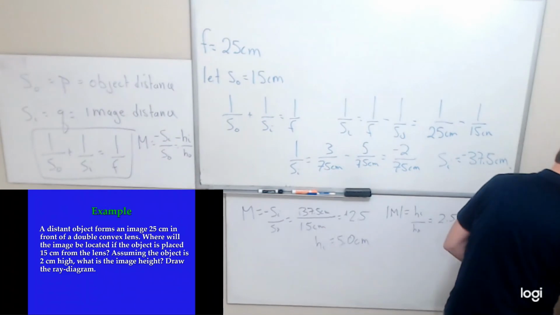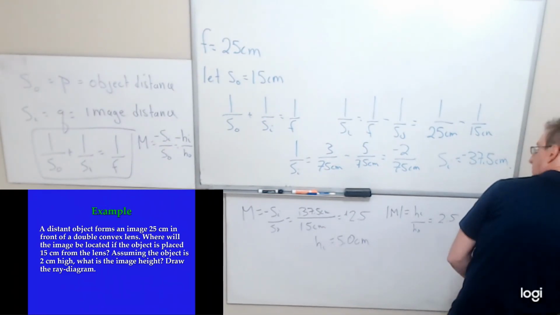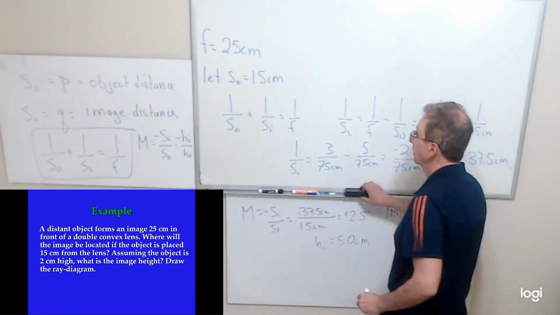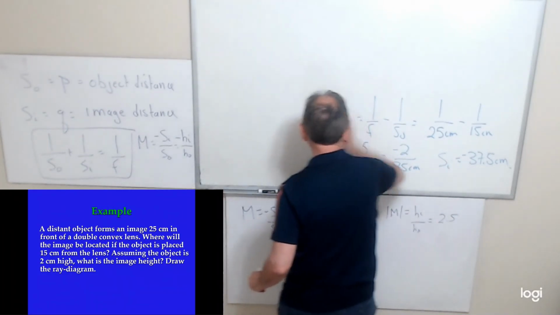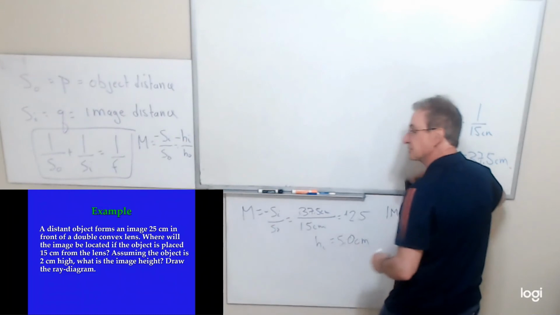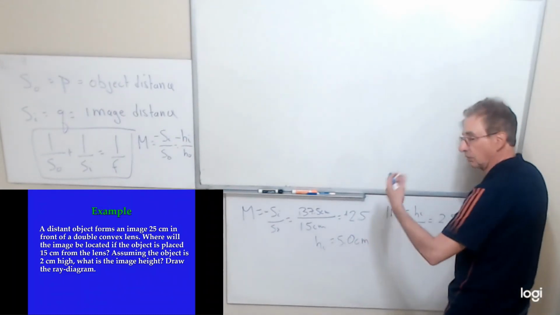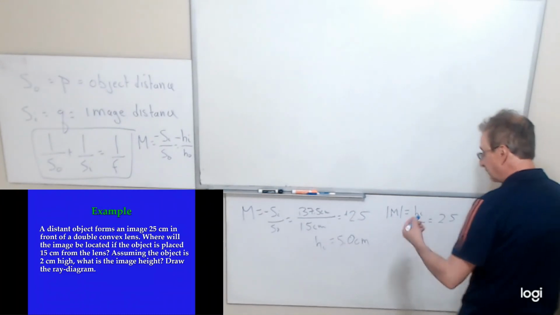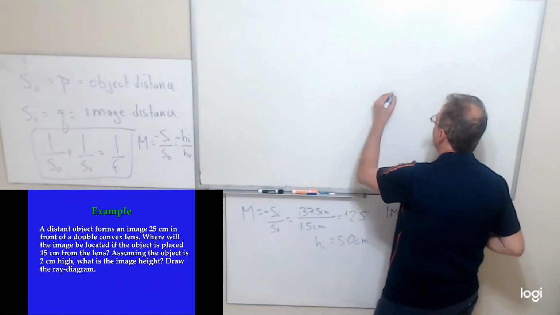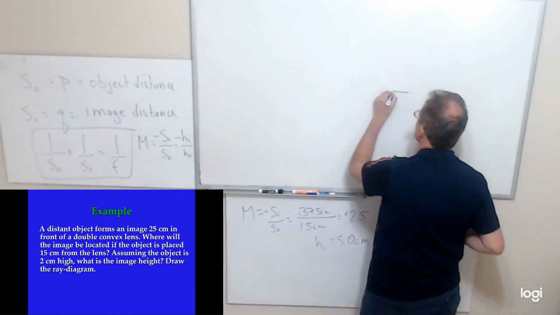Let's draw the ray tracing. Now in a test, you're going to have a grid, so it's much easier to do the ray tracing. I don't have a grid here, so I'm going to have more of a challenge in drawing this.